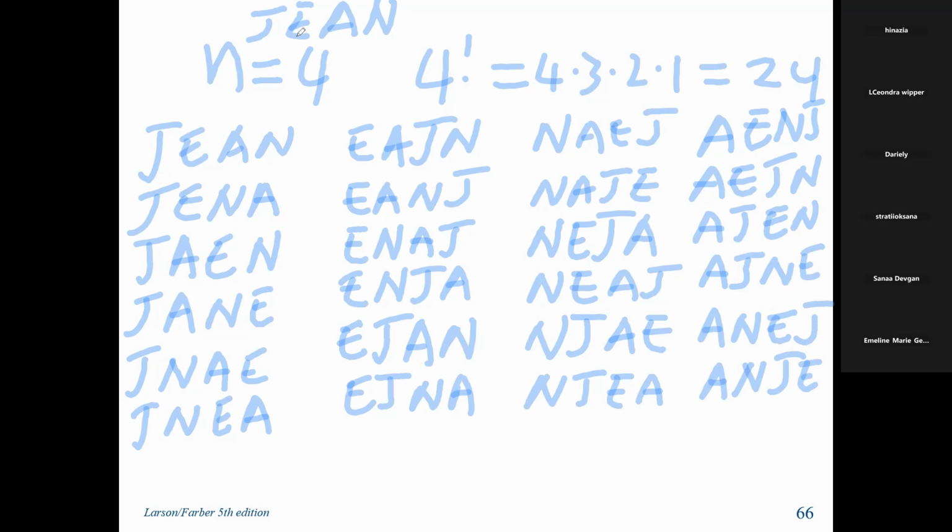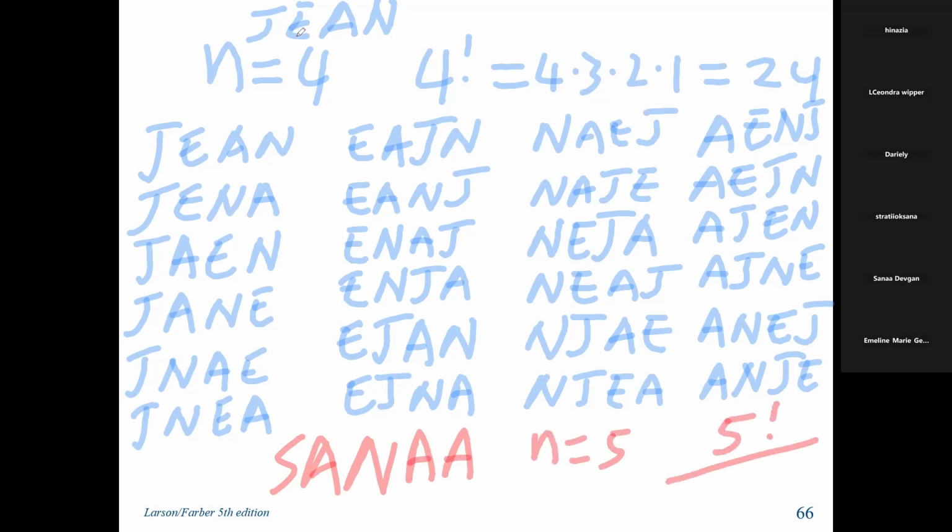Okay. Now, let me see here. If I take the name Sanaa, S-A-N-A-A, here N equals 5. So that will be 5 factorial over 3 factorial.